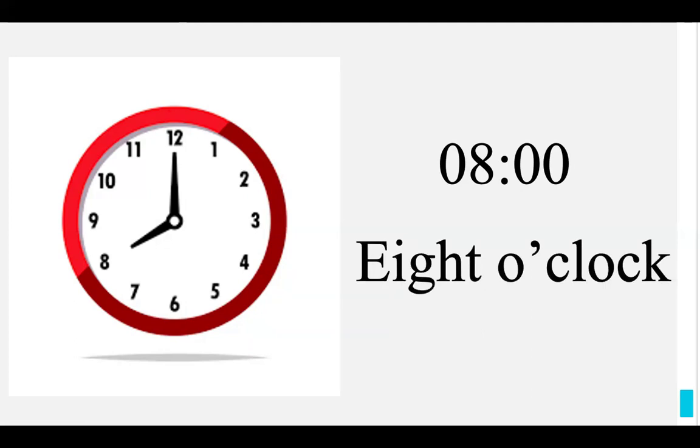So we read, when the long hand, or the minute hand, is on the number 12, we will read the number of the short hand and then, if the long hand is on the 12, we read it as o'clock. So this is 8 o'clock.